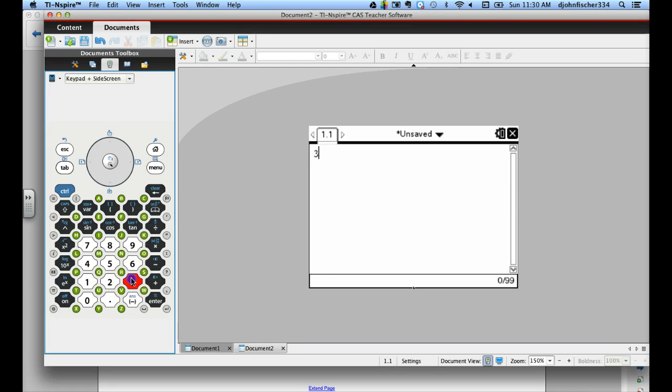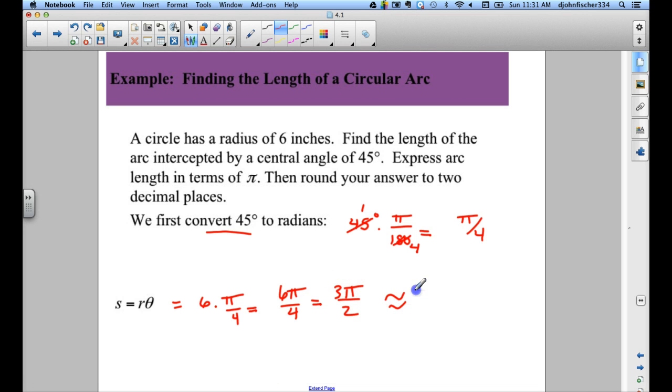So we're going to go 3 times pi divided by 2. Enter, and we get 3 pi over 2. So we're going to go Control, Enter. So 4.71. So this is approximately 4.71 inches. That's my arc length.